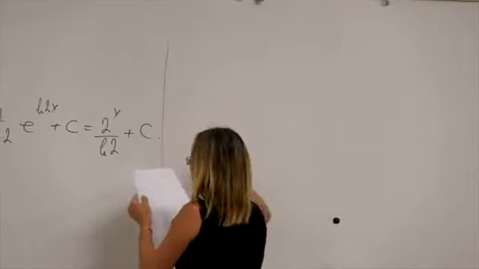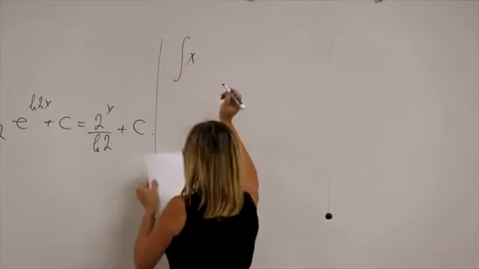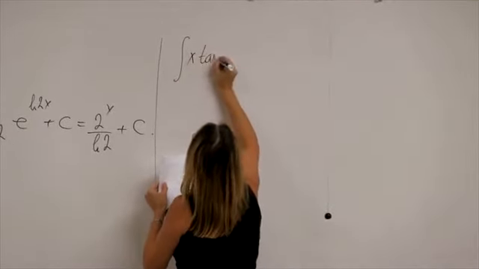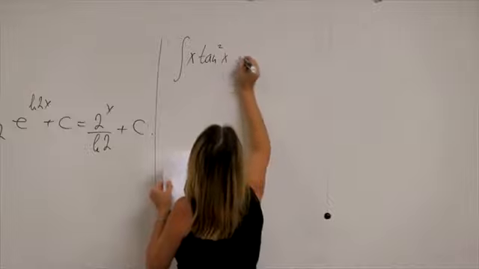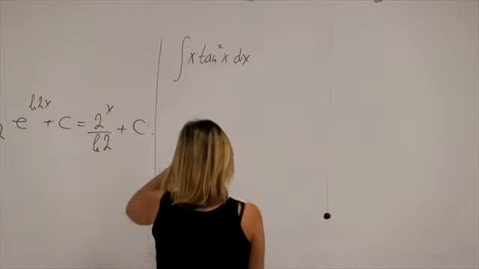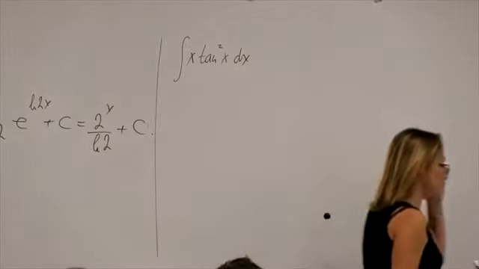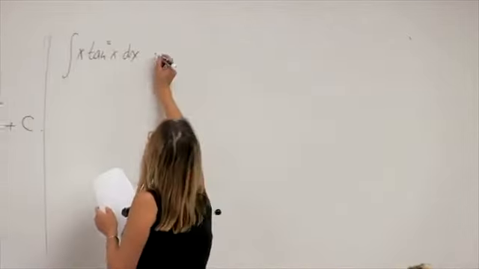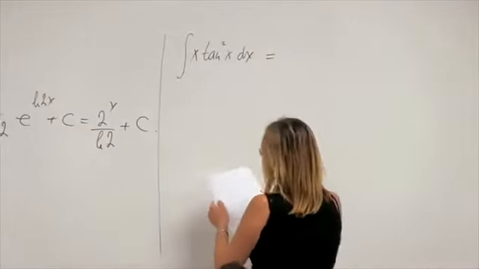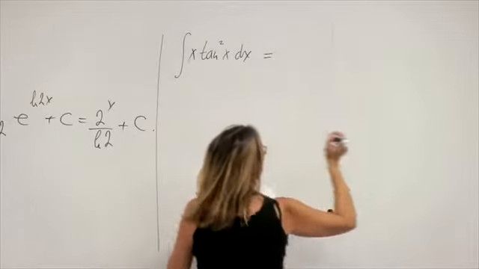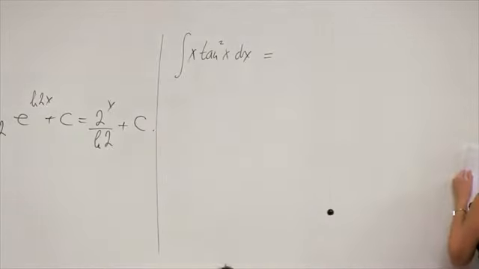Next, integral of x tangent squared x dx. So you see this one, in this integral, we have an algebraic function meeting a trigonometric function. So the way we handle this one is we remember the identity.